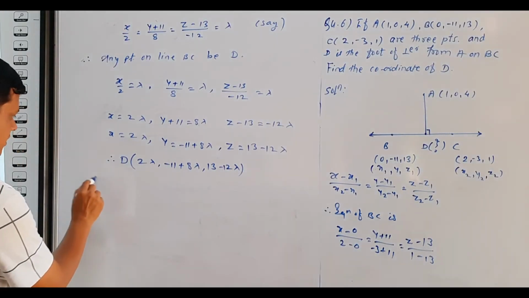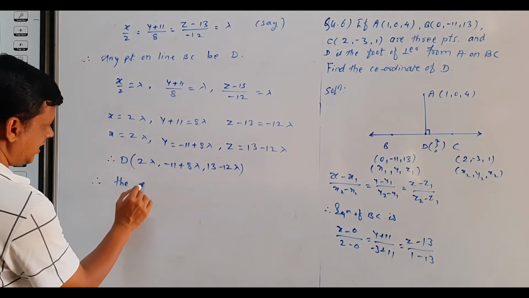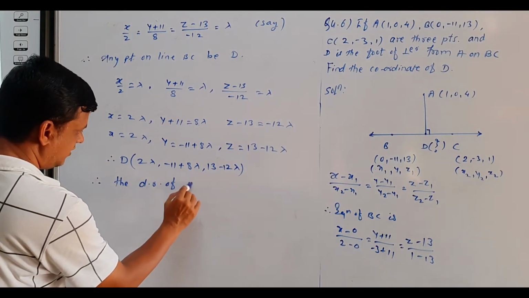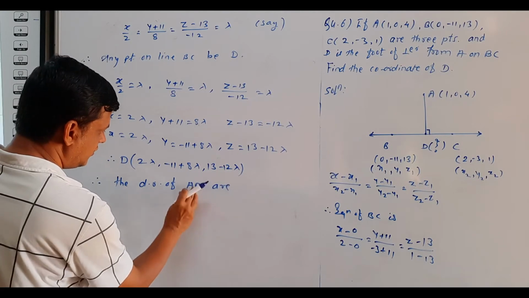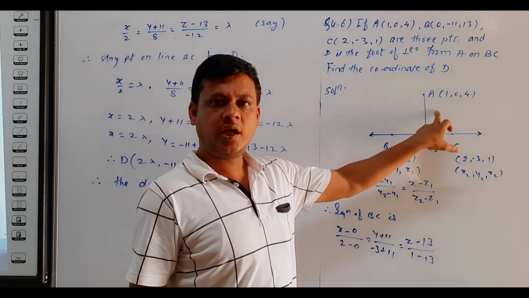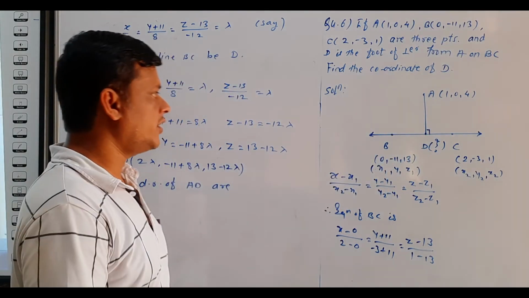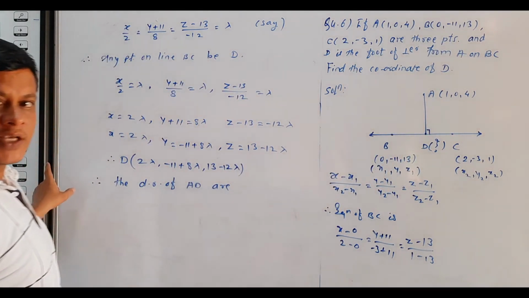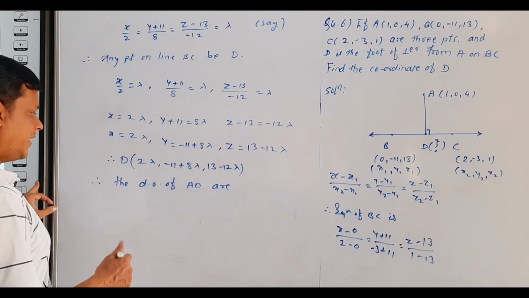Now, therefore, the direction ratio of AD are, so from this coordinate of point D and coordinate of point A, we can find the direction ratio by using the formula x2 minus x1, y2 minus y1, z2 minus z1.